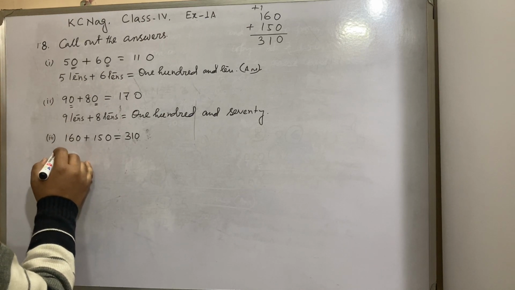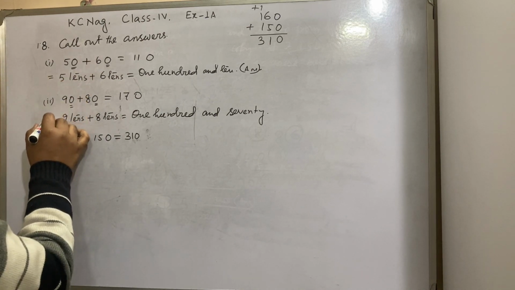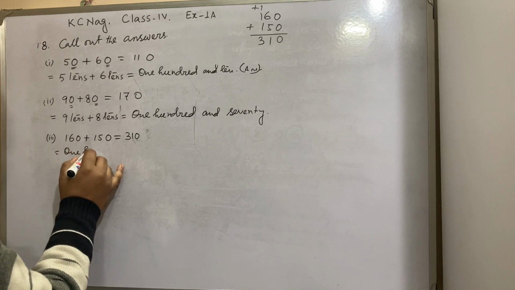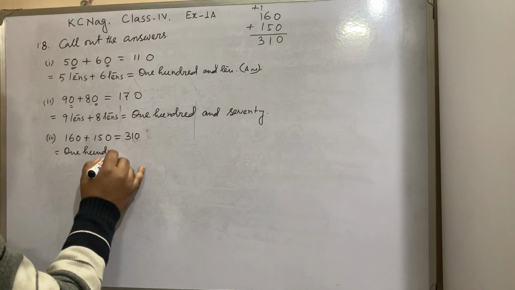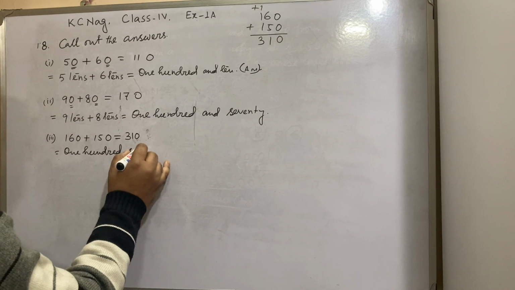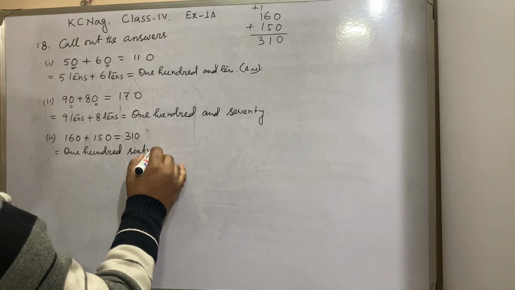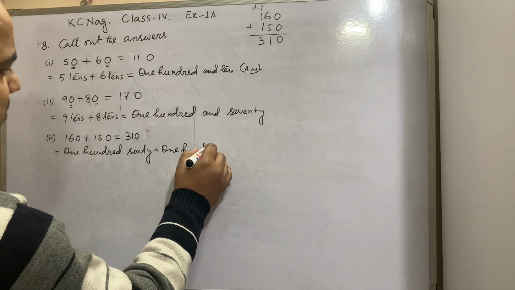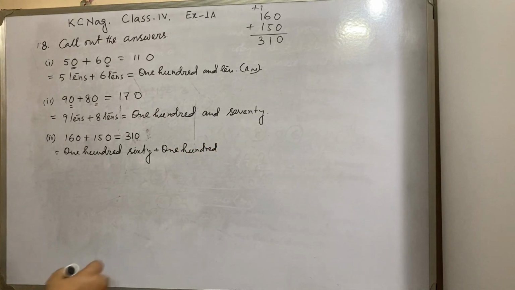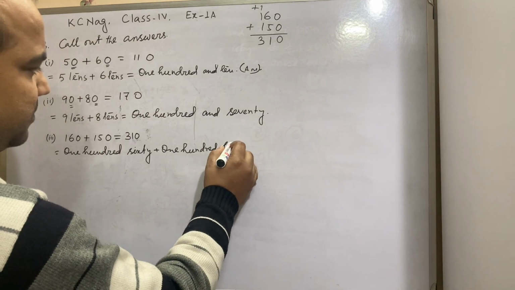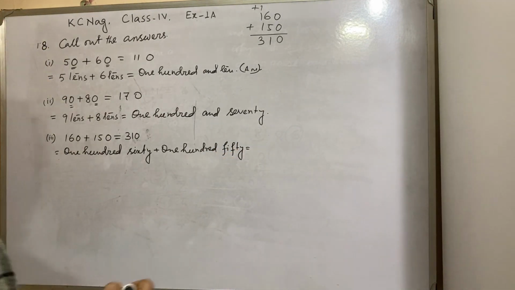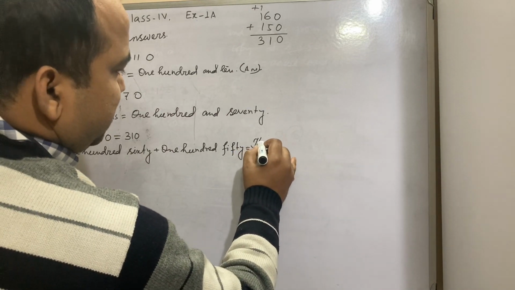Sorry, I forgot to put equal to. 160 plus 150 is equal to 310.